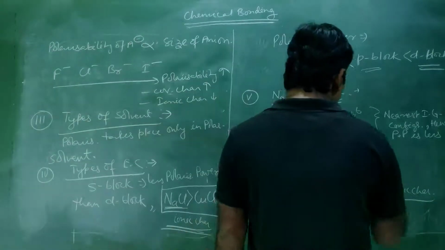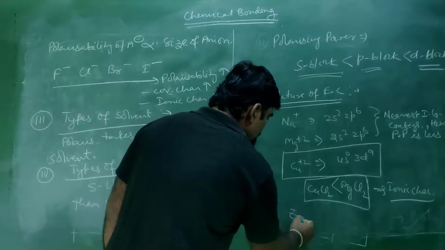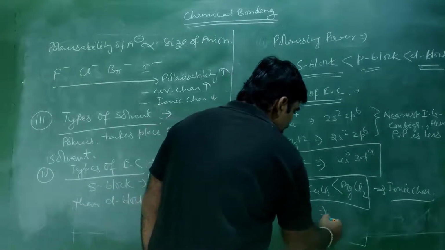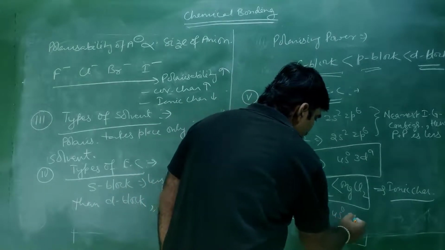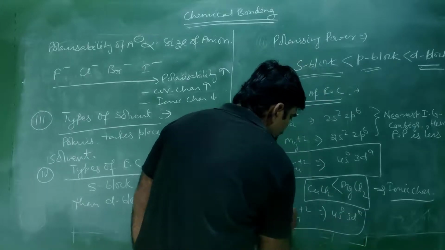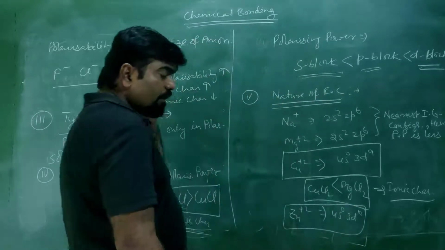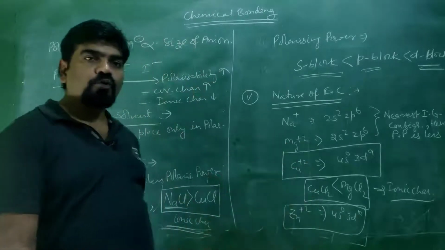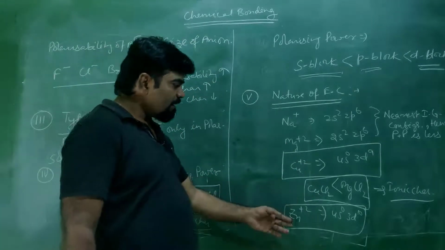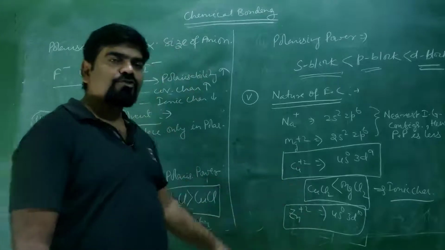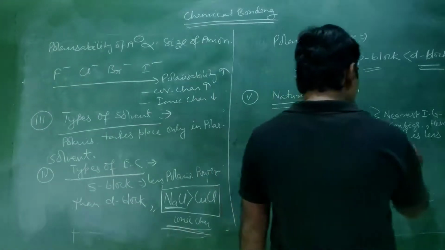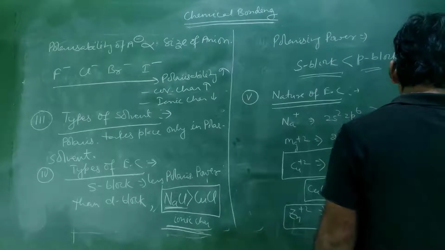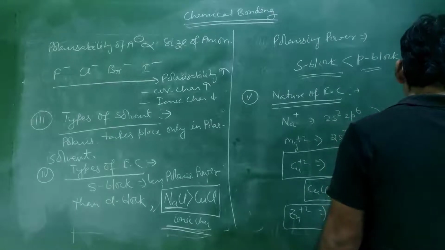If we take another example, Zn2+, it will have 4s0 3d10. Now 4s0 3d10 is more stable than Cu2+. So we can say ZnCl2 is more ionic than CuCl2.